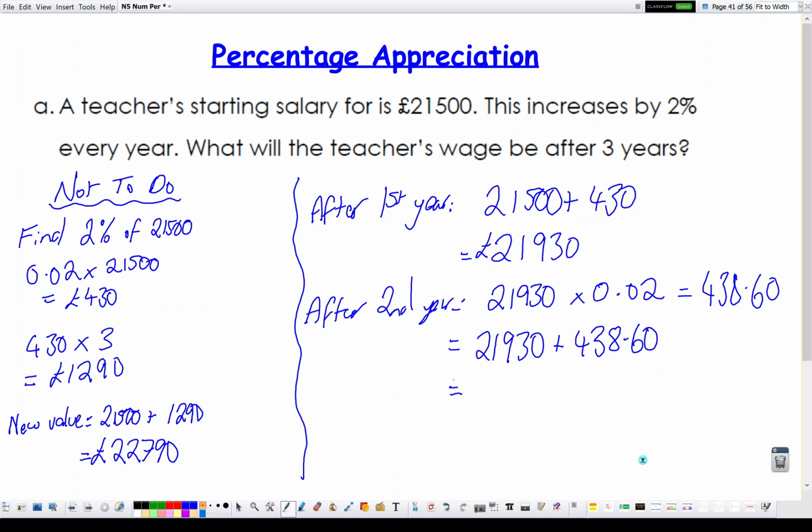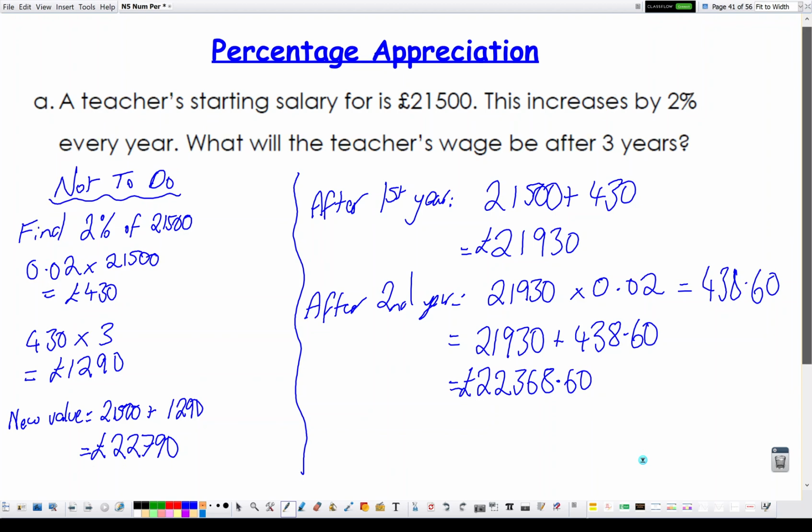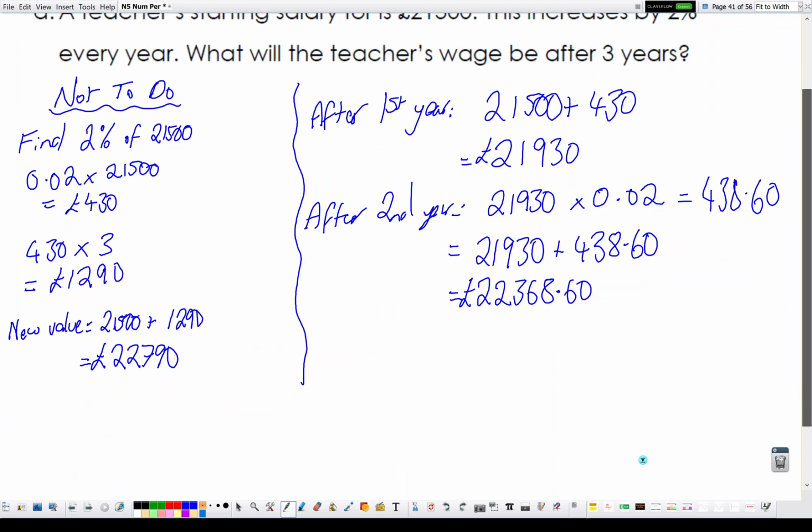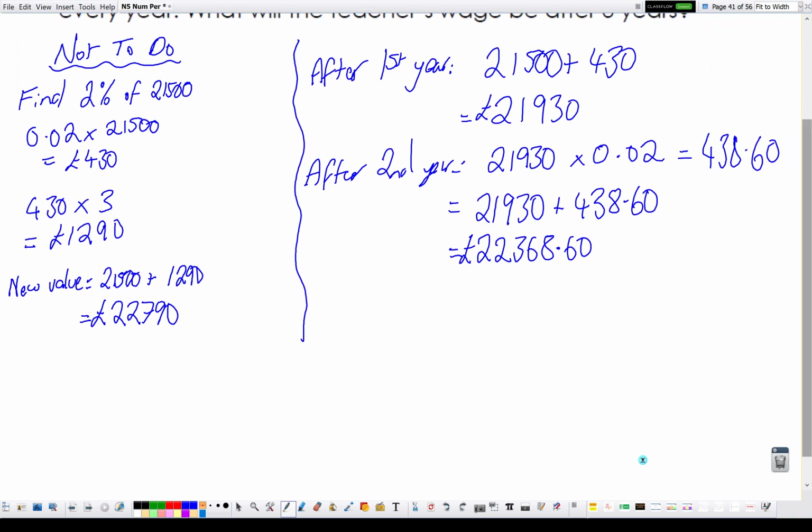I get my value after 2 years to be 21,930 plus £438.60, so that's going to be £22,368.60. Then for one more year, I find 2% of this new salary after 2 years, so 2% of 22,368, and then add it on.